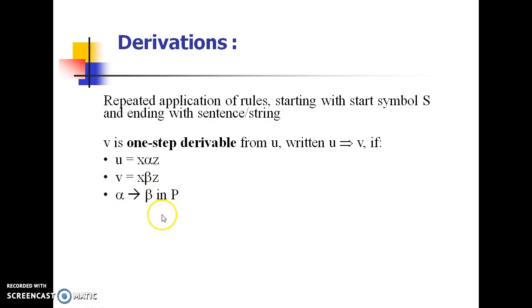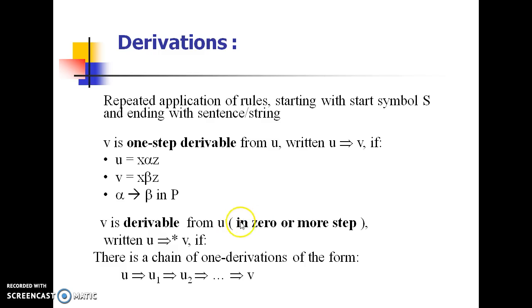This can be generalized for zero or more steps, which can be represented as U in zero or more steps generates string V, using a sequence of one-step derivations of the form U giving U1, which gives U2, and finally it gives V. If it is a one-step derivation, U in one step directly gives V, or if it is a zero-step derivation, then U is equal to V.